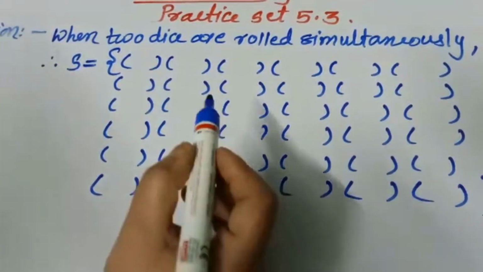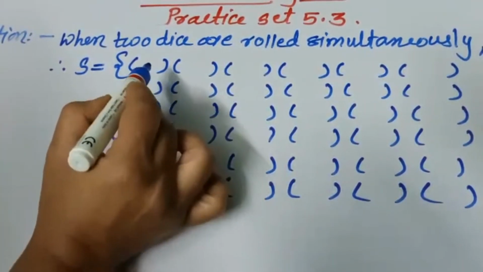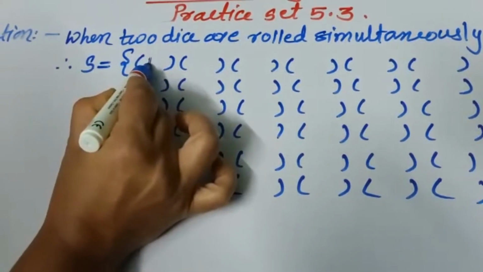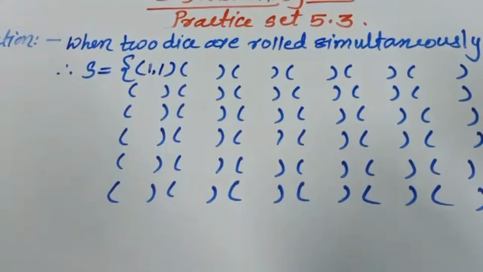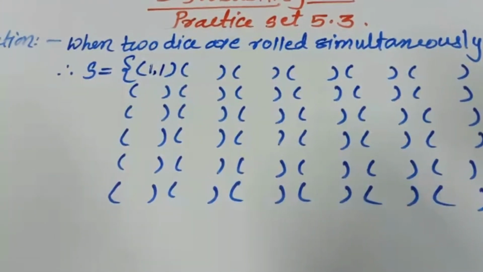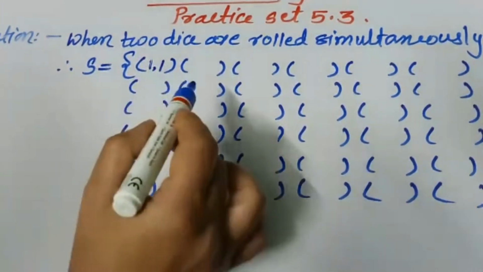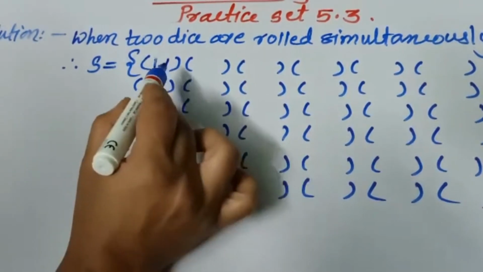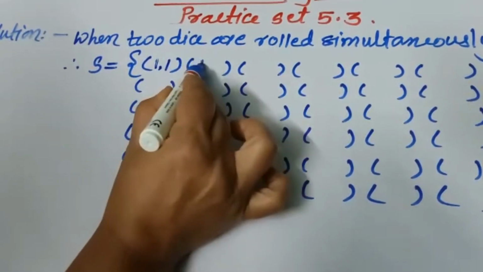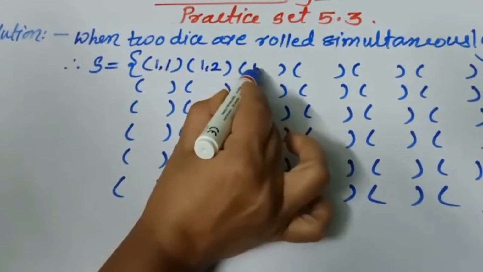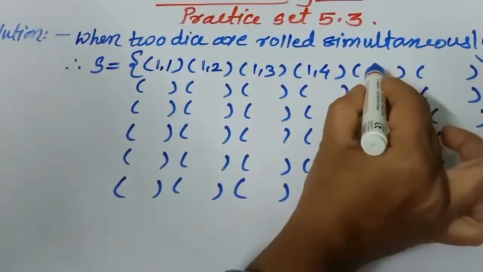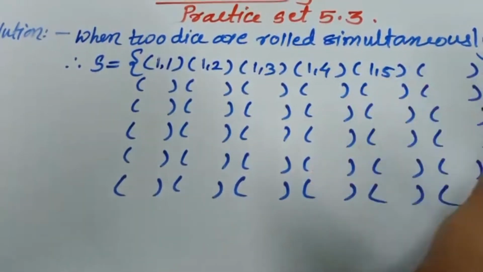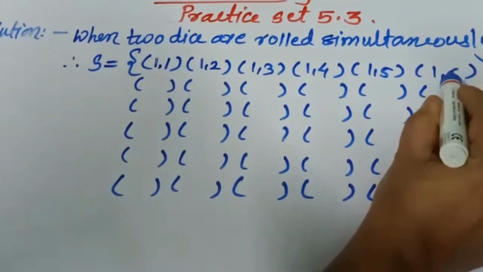So see in the first line what we have to take. First we are taking 1. We know that there are 6 different dots on different faces of the dice. So here 6 numbers are there, from 1 to 6. So first we are taking 1 1, then 1 2, 1 3, 1 4, 1 5 and the last one is 1 6.